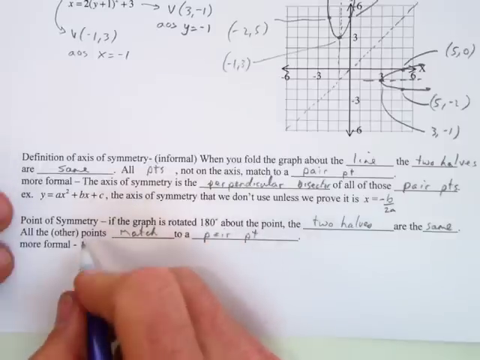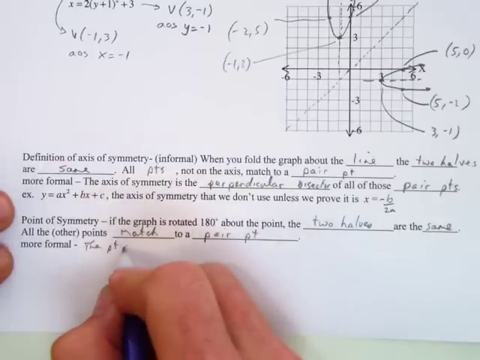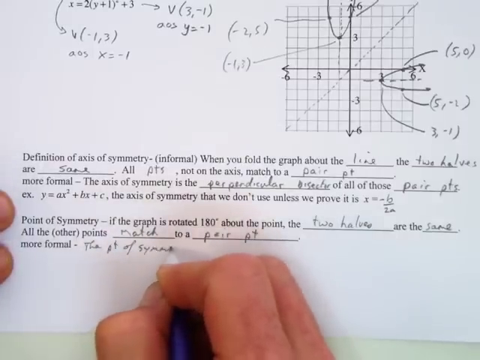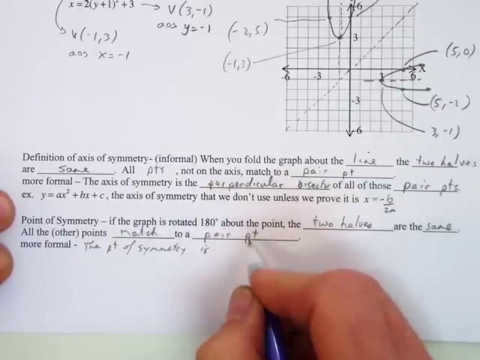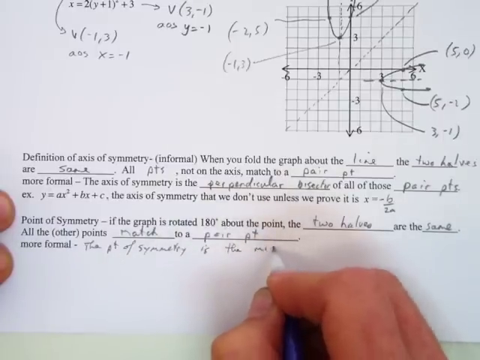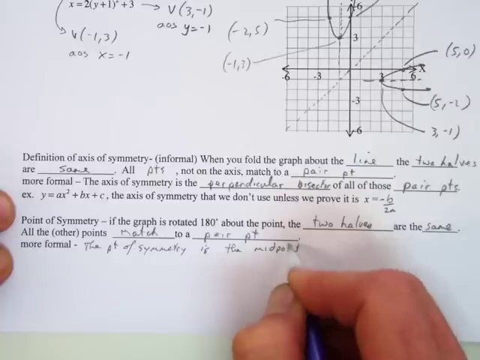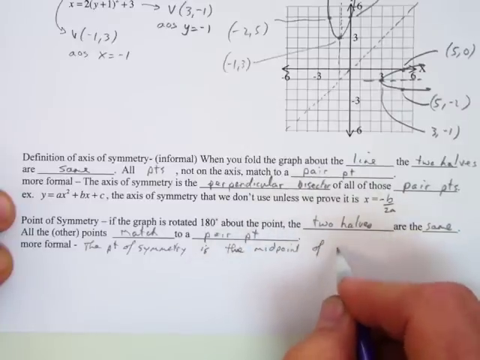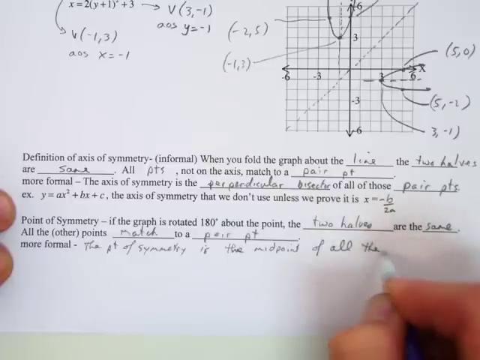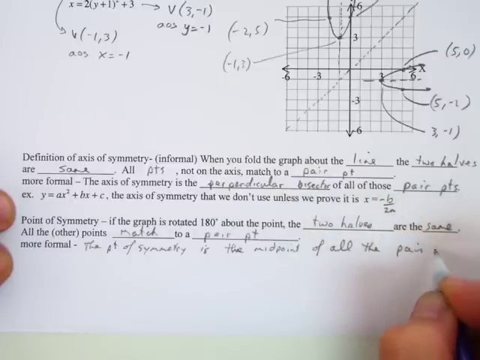So a little more formal, the point of symmetry is the midpoint of all the pair points.